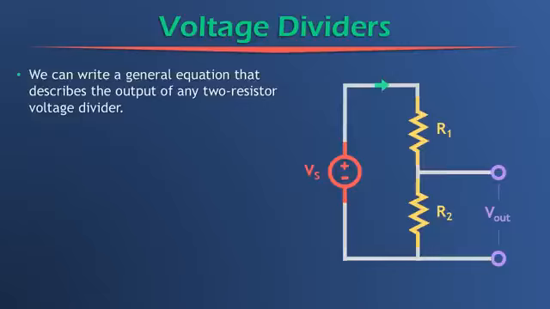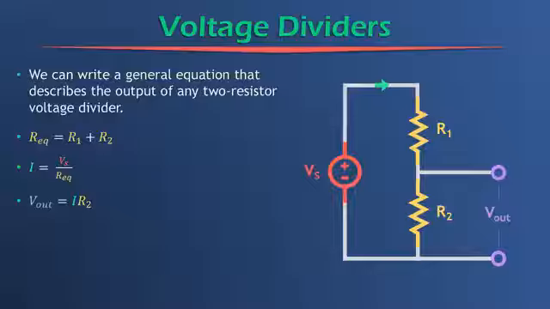So let's put all these things into mathematical equations. R equivalent equals R1 plus R2 because it's a series circuit. The current I is equal to Vs over R equivalent. And V out is equal to the current through R2 times the resistance of R2.